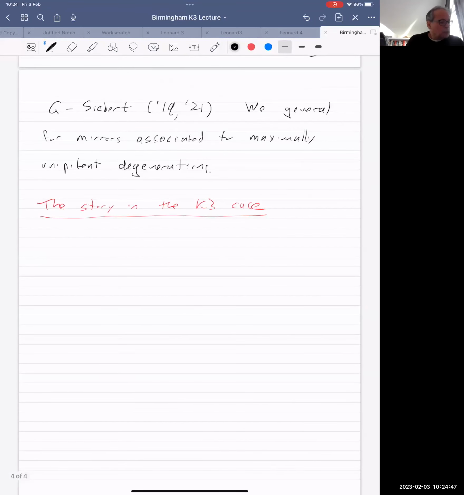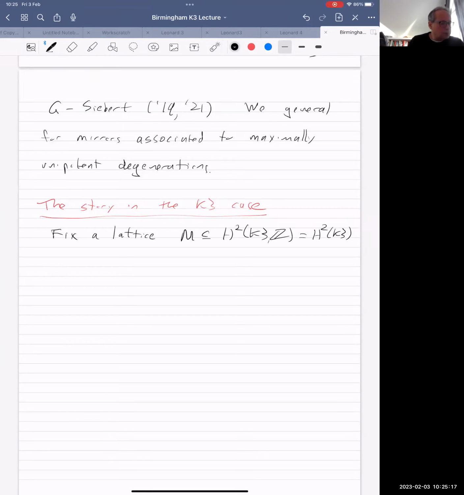Okay, so the story in the K3 case. Fix a lattice. There's some standard theory of moduli of K3 surfaces. So if we fix a lattice M in the integral cohomology, I'll always write this H2. H2 of K3 is the rank 22 lattice given by the second cohomology group of a K3 surface.